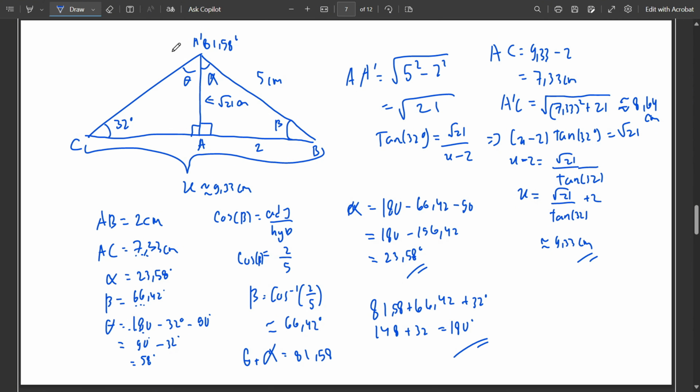So our hypotenuse side here is 8.64 centimeters. Well, we found every unknown side and angle.